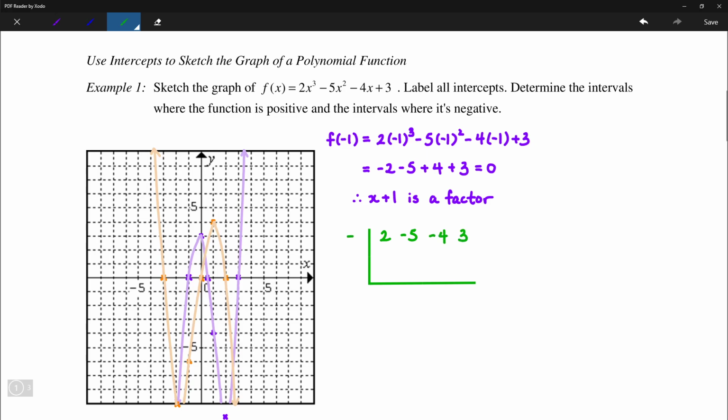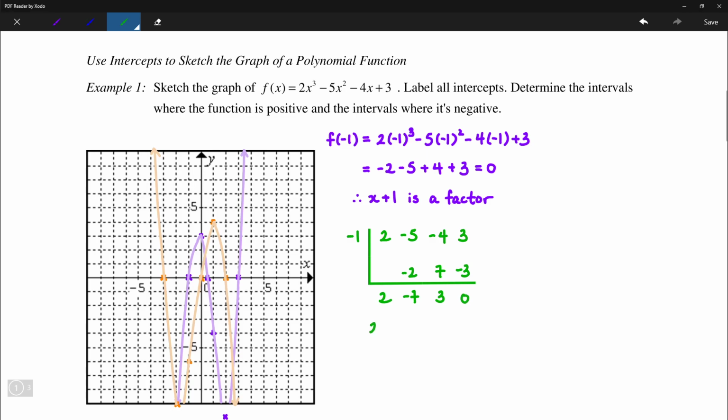And on the left-hand side, we have -1. So synthetic division, 2 carries downwards, and then -1 times 2 is -2. Add together is -7, and then -1 times -7 is positive 7. The sum of -4 and 7 is 3, and then -1 times 3 is -3, which means we do have a remainder of 0, which is good. That's what we're looking for.